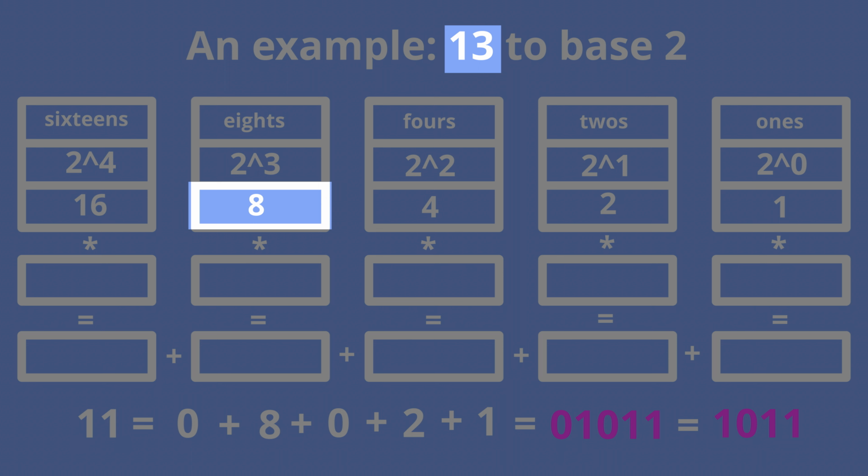Starting position is the position of eighths. We don't need to start from the 16th position, because 16 is greater than 13. I started from the 16th position in the example to show this.